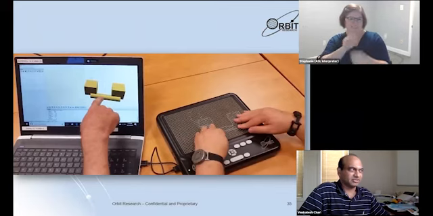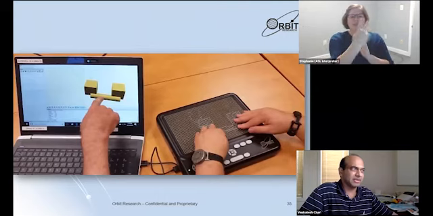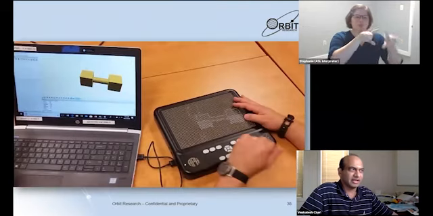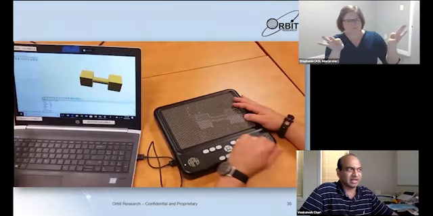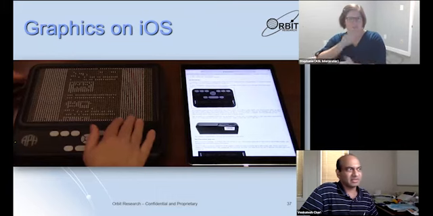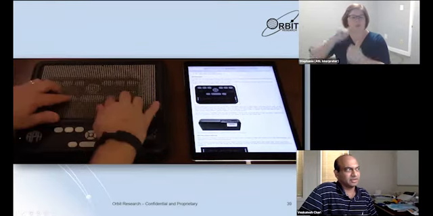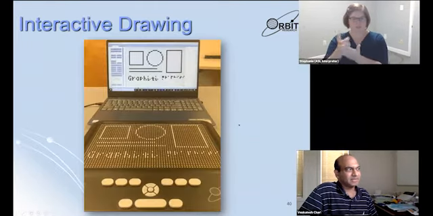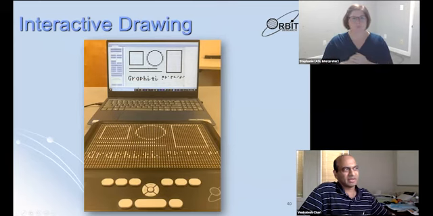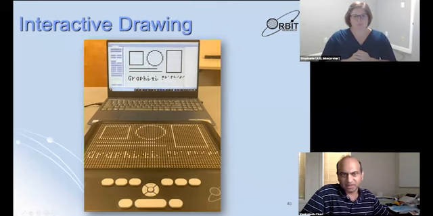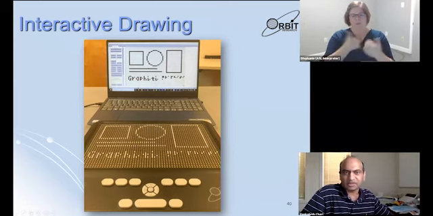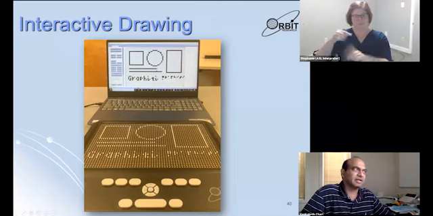These are various examples of two cubes and a cylinder being moved in various ways and visualized in real time with the Graphiti. Similarly, it can be connected to an iOS device, and this is an example of an iOS device showing different graphics.